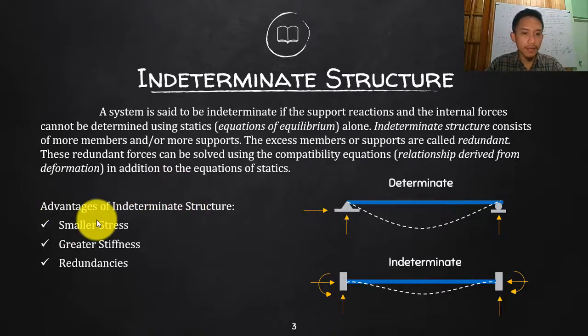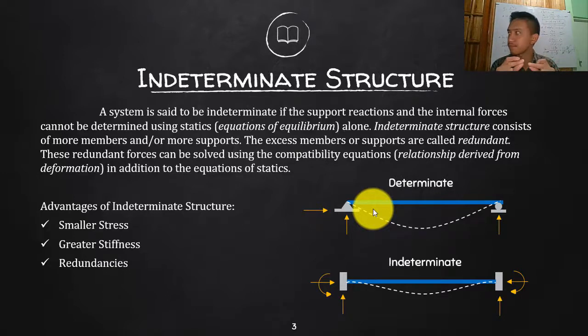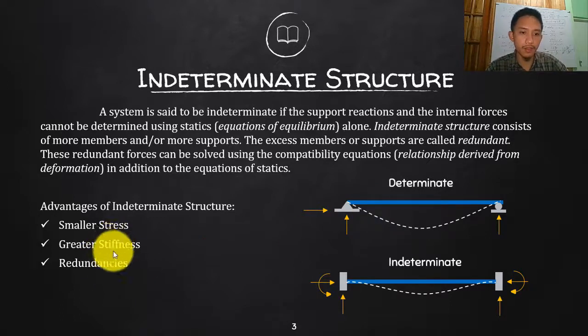Okay, so the advantage of that is greater stiffness. If we are talking about stiffness, that is how firm a member is: the capacity of the member to resist deformation. That is how we call it, stiffness. Looking at this figure, it is talking about deformation.